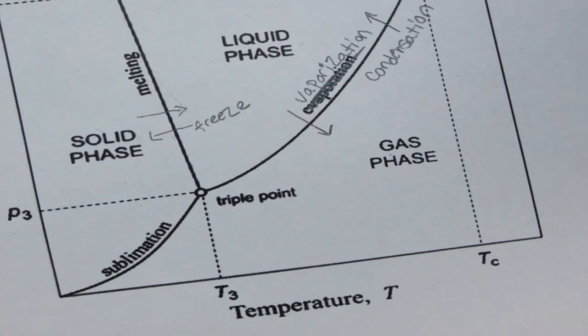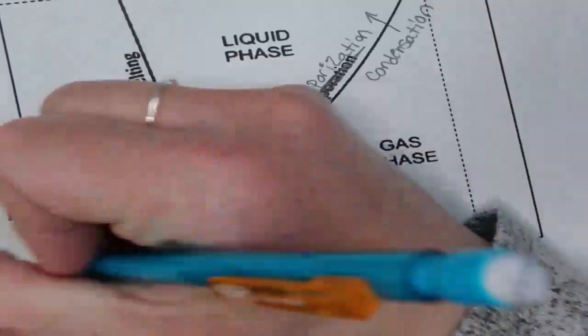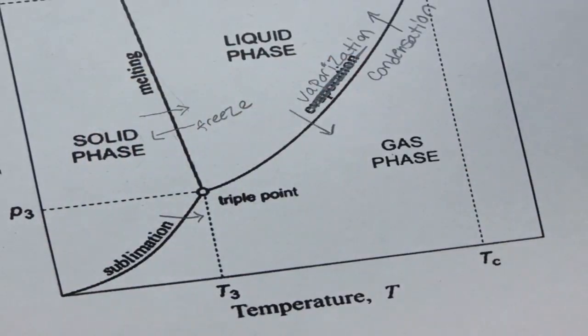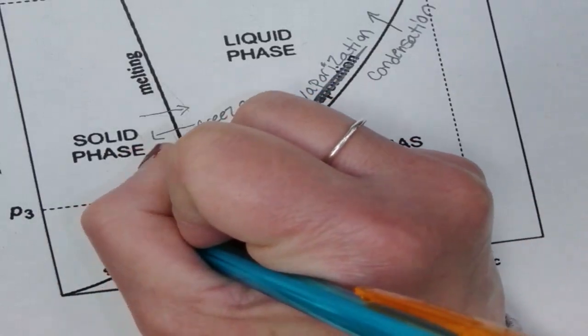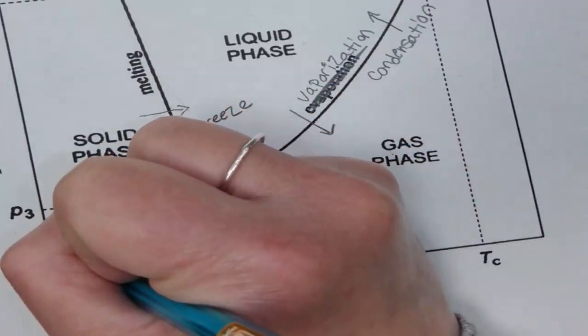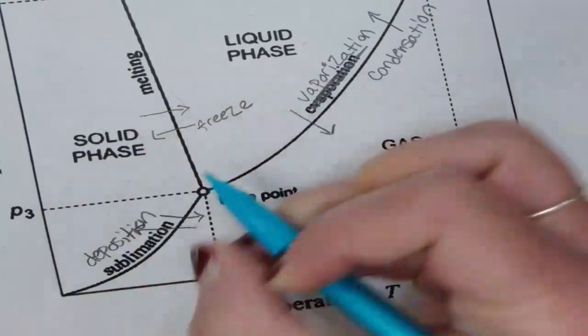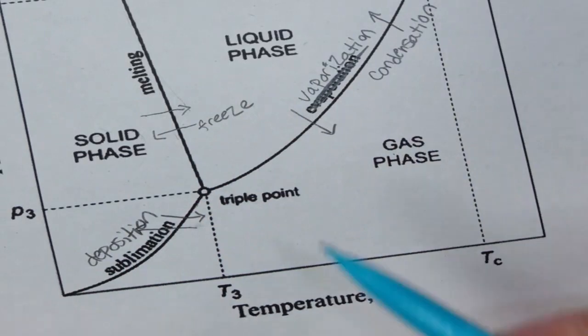All right, as I go from a solid to a gas, that is sublimation. And as I go from a gas back to a solid, that is deposition. So this line represents my sublimation and deposition.